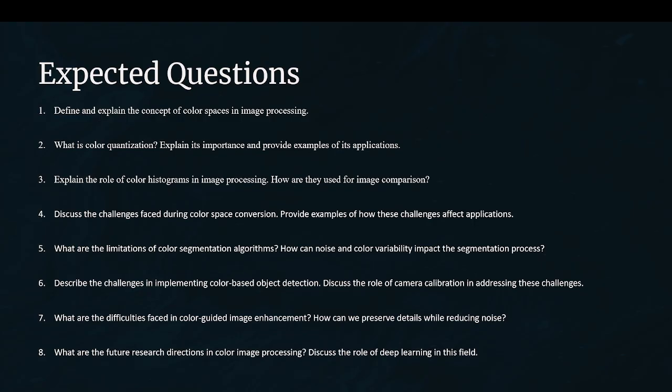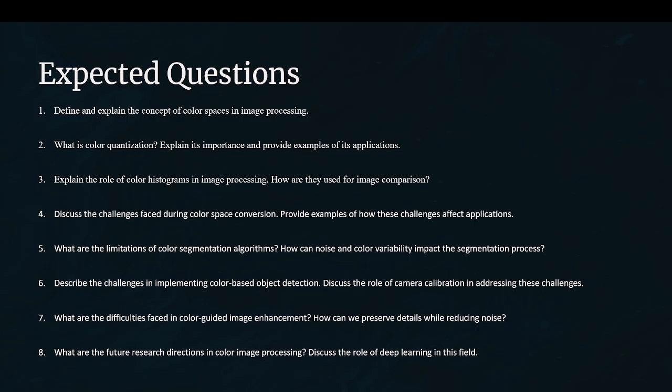The next question is: what are the limitations of color segmentation algorithms? How can noise and color variability affect the segmentation process? For this, you can answer with a discussion on noise interference, lighting variation, and computational complexity.